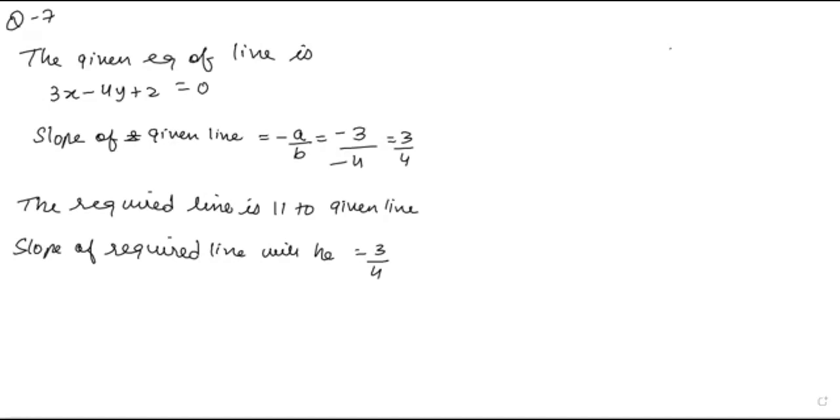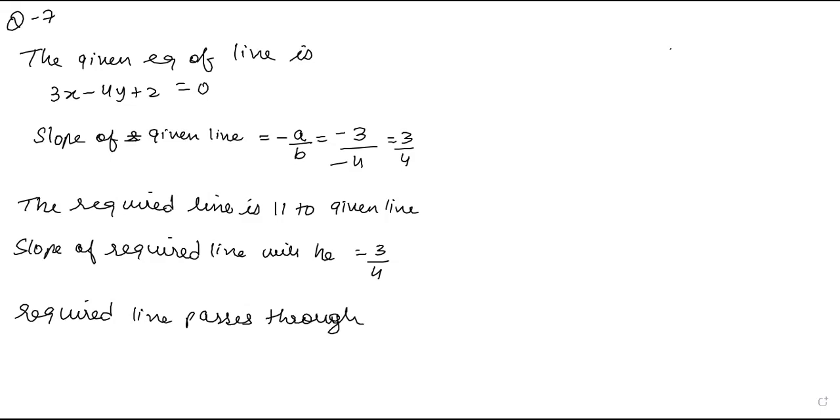You know that two parallel lines will have same slope. Required line passes through point is given minus 2 comma 3.